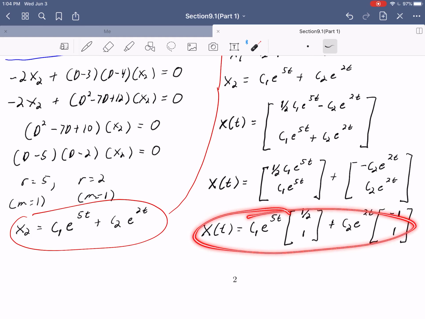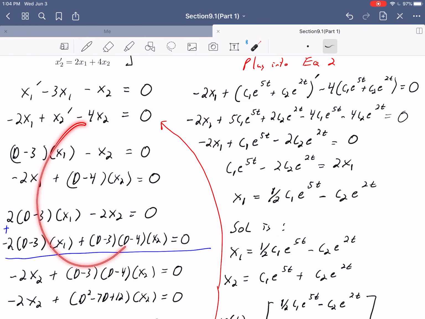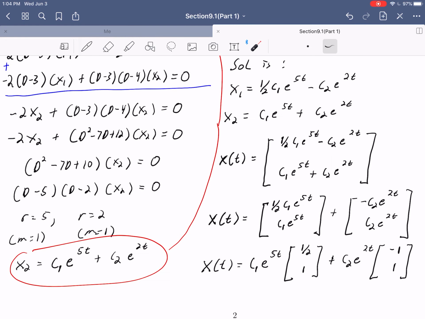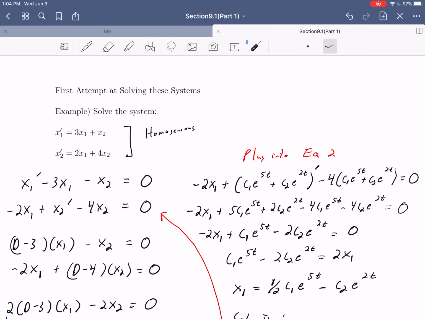Well, this is going to hint at what the general method for this type of system is going to be. When we get into section 9.4 and 9.5, we're going to learn a much faster way for solving these systems rather than this sort of brute force approach. And it's going to be based on eigenvalues and eigenvectors. If you guys want, on your own, take a look at this system and think about the coefficient matrix here.